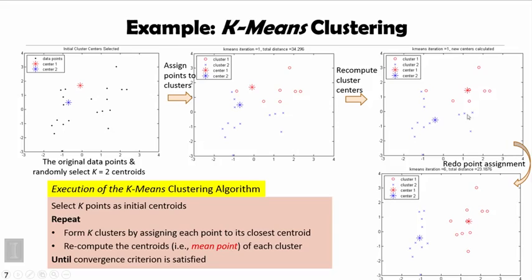In this case, you can see some of the blue points are now assigned to the red cluster, and a red one is assigned to the blue cluster. Then we calculate the centroids again. This repeats until it becomes stable, or until the difference in assignments becomes really, really small.